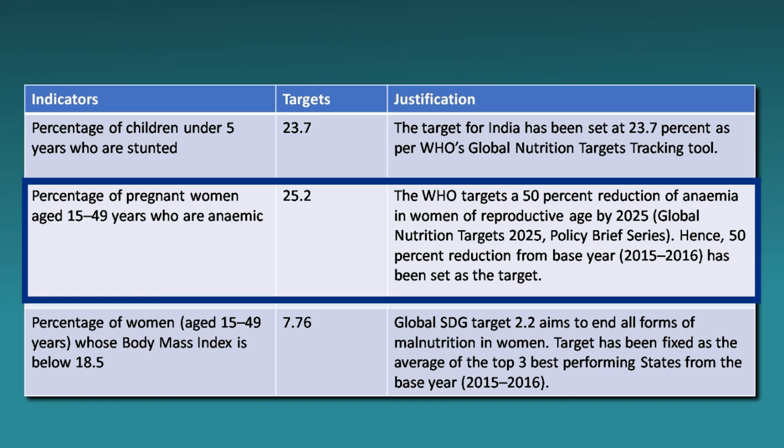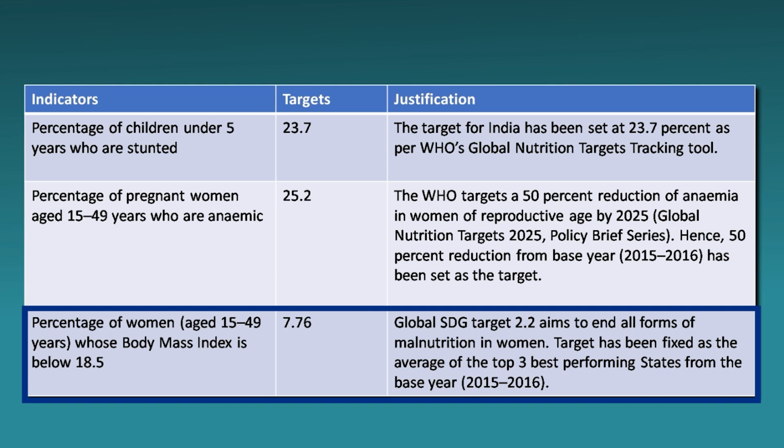In the same way, for the percentage of pregnant women aged 15 to 49 years who are anemic, the global target is a 50% reduction of anemia in women of reproductive age by 2025. Hence, a 50% reduction from the base year 2015-16 has been set as the target, that is 25.2. For the percentage of women 15 to 49 whose body mass index is below 18.5, our target is 7.6%, based on the three best performing states from the base year 2015-16.